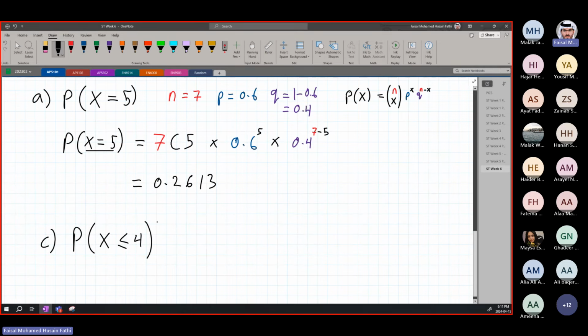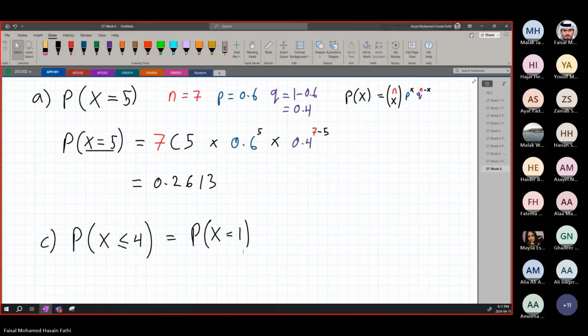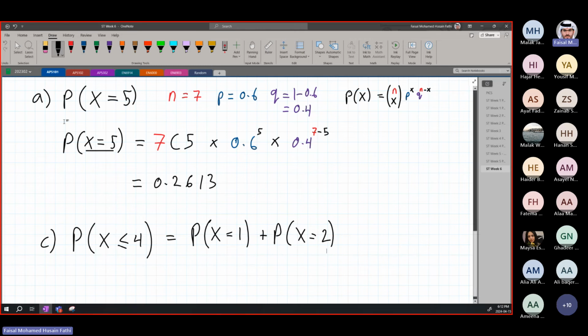All this basically means, if you remember from the probability when we were doing discrete variables, is the probability of x equal 1 plus the probability of x is equal to 2 plus, actually we start with 0, and I'll tell you why now.